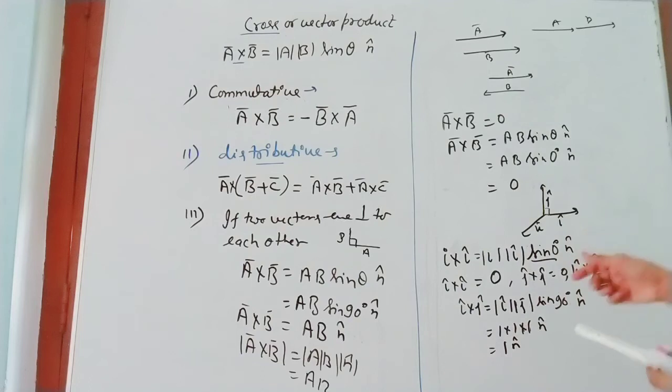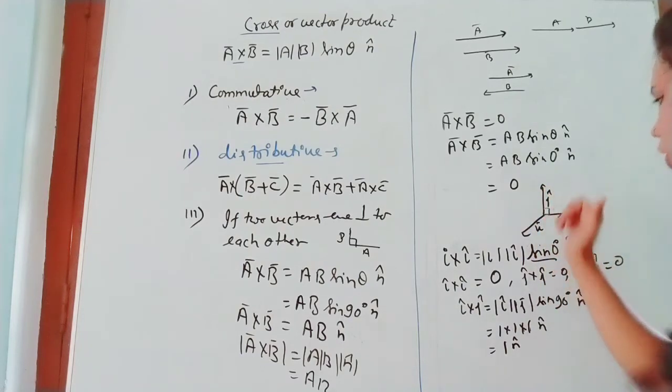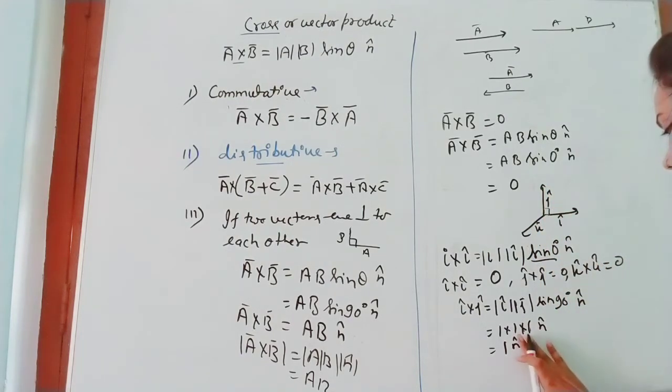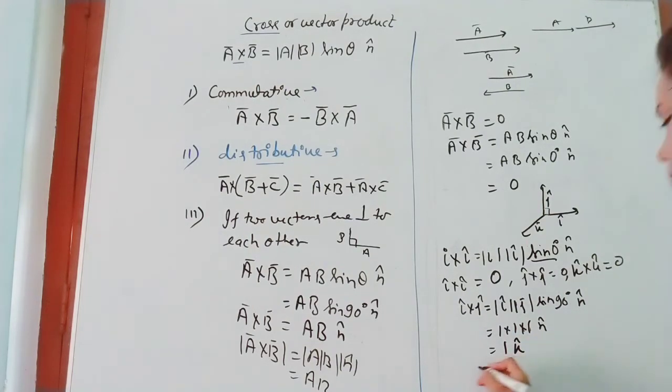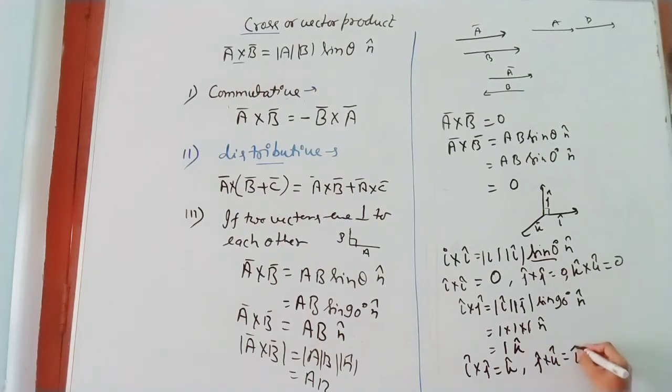So i cross j is along k. Simply, i cross j equals k. Similarly, j cross k equals i. Similarly, k cross i equals j.